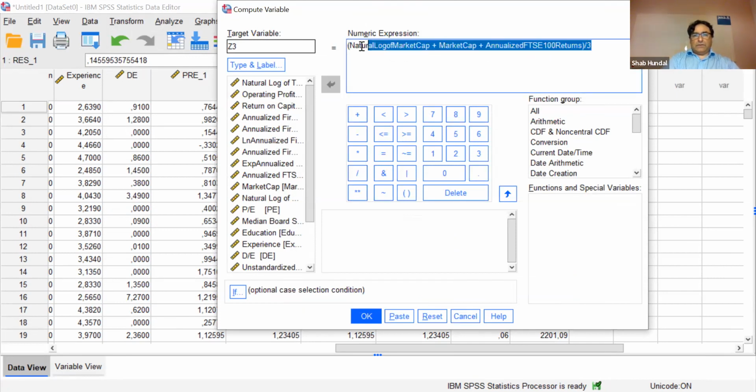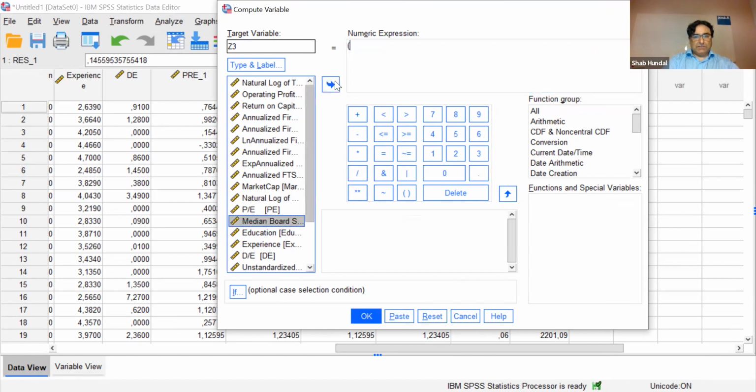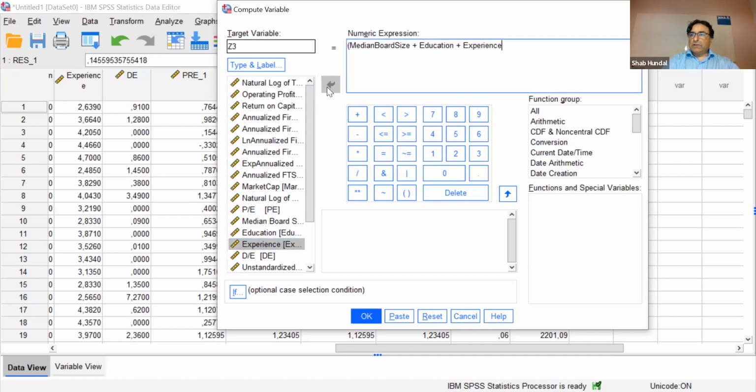And the Z3 is, this is much better, much cleaner. And this time we have the median board size, plus we have the education and experience. You can only do one by one. Education plus experience. And then we have the operating profit return.